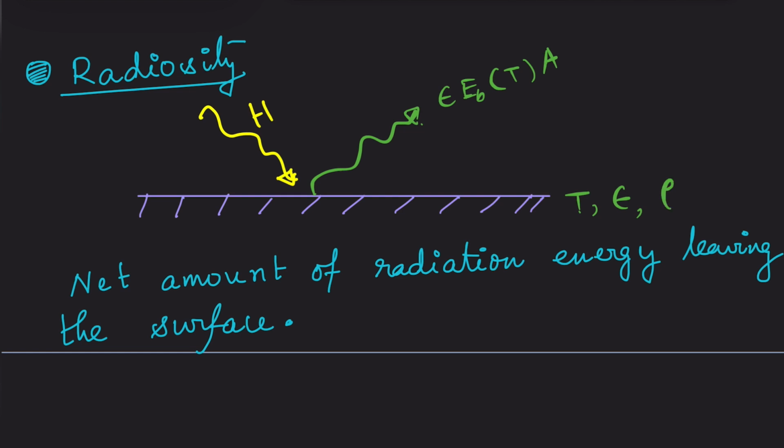So due to a non-zero reflectivity, I will have rho into H, right?